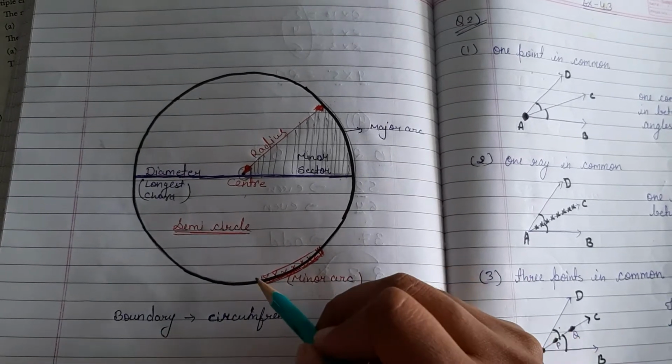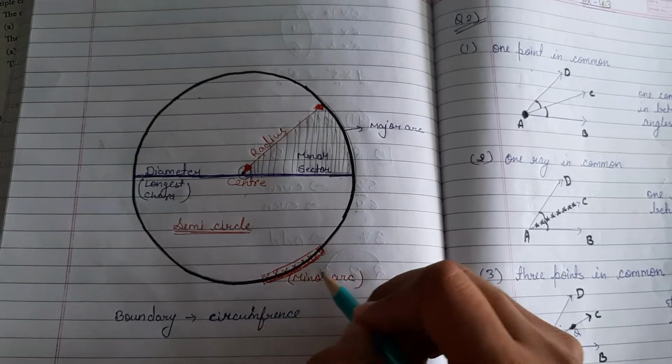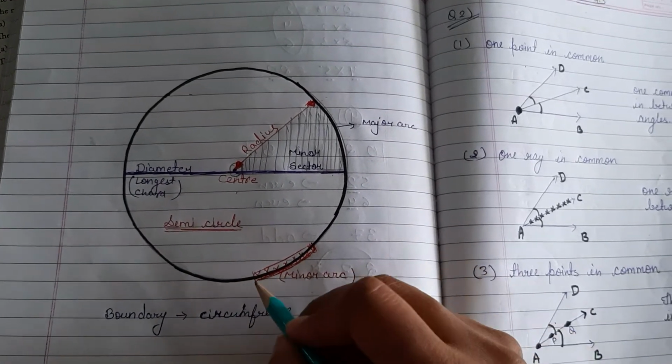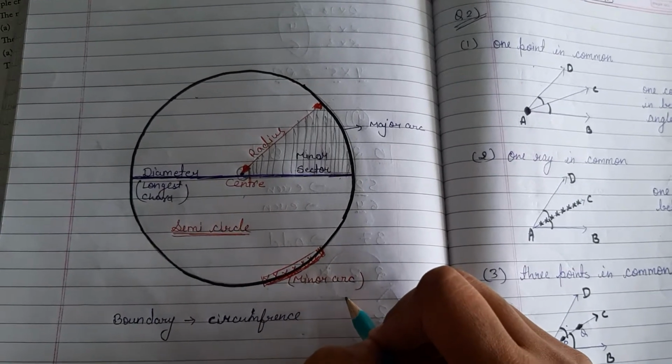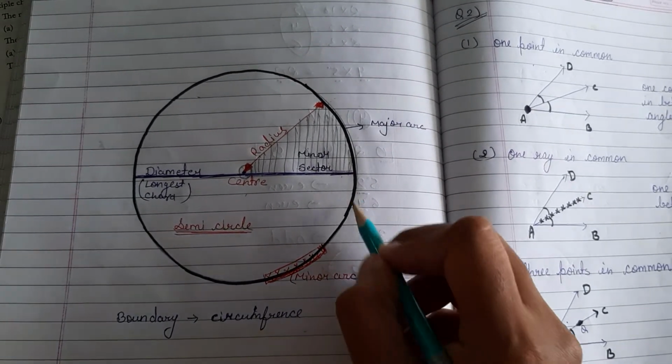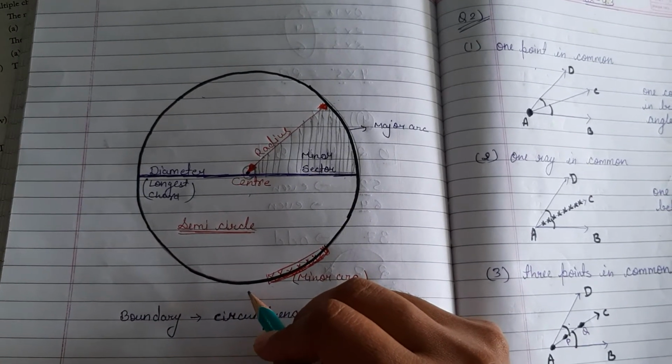Minor arc means you take a small part of the boundary. It means what I draw like this is called a minor arc. And the remaining part of the boundary is your major arc.